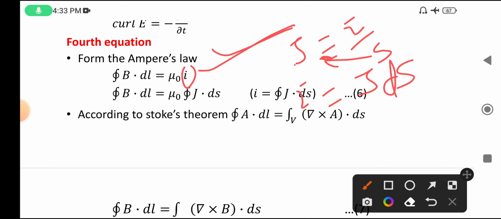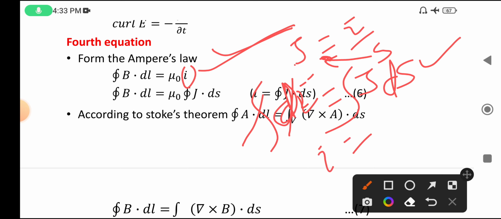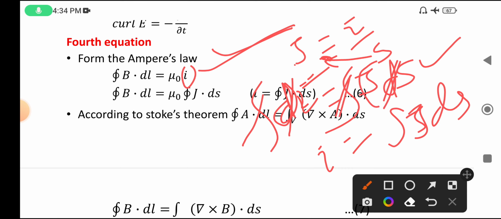When the area is small, the current is also small; through a small area, a small current will flow. Now integrate on both sides. Here integration and differentiation cancel, so I is equal to integral J ds. But here integration and differentiation cannot cancel.